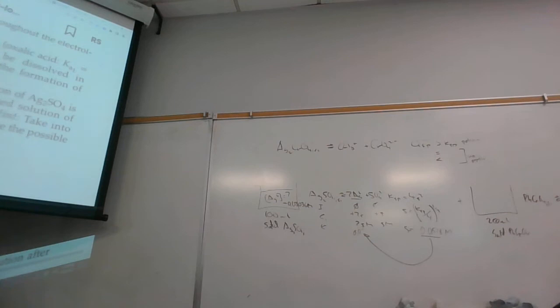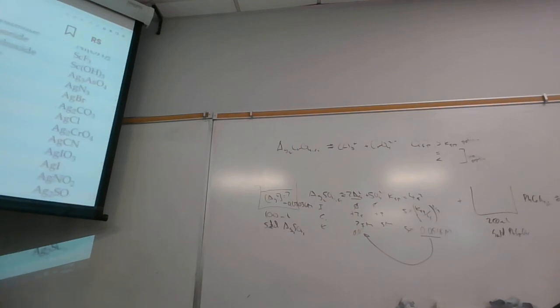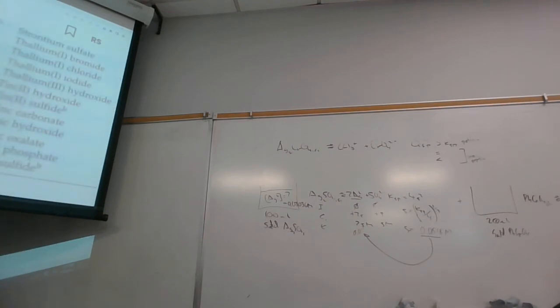So we'll get the KSP value for lead chromate. It's 2.8 times 10 to the minus 13.